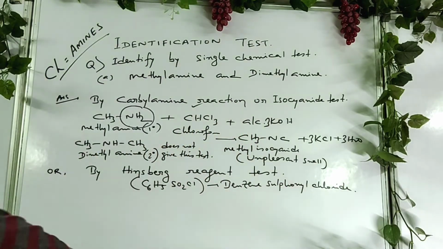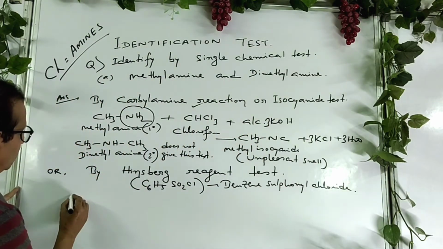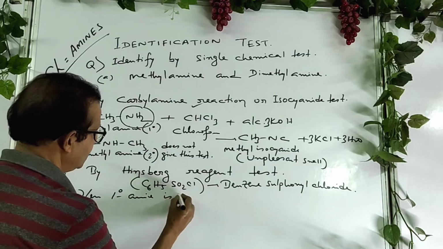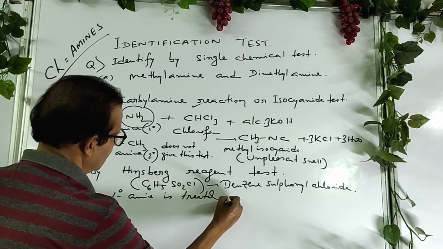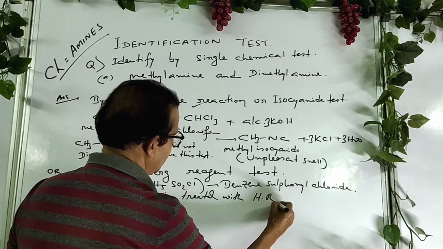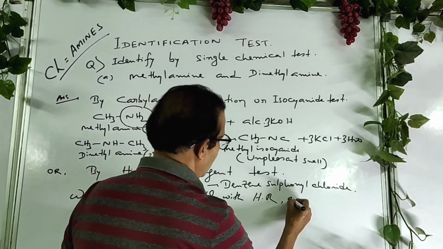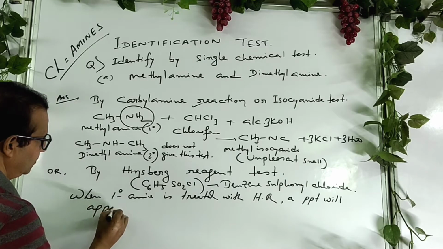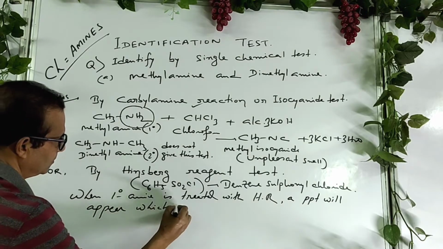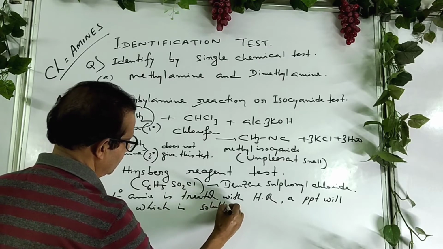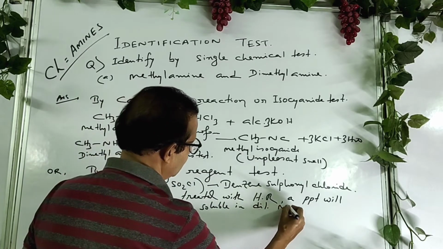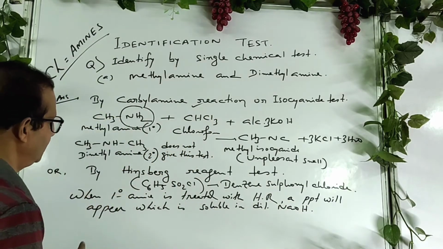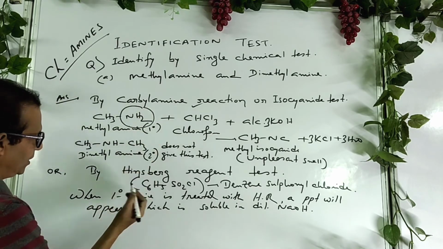So when 1 degree amine is treated with Hinsberg reagent, PPT will appear, which is soluble in dilute sodium hydroxide. So you can identify the methylamine.